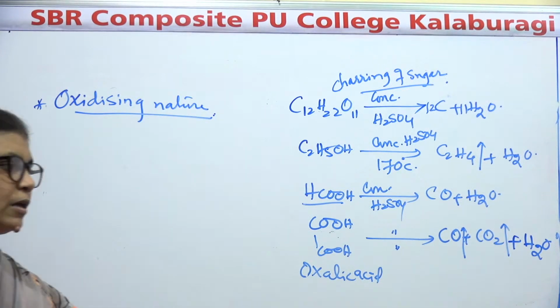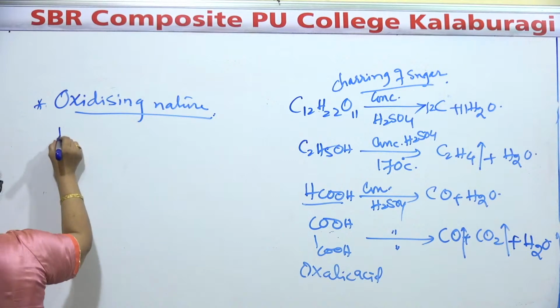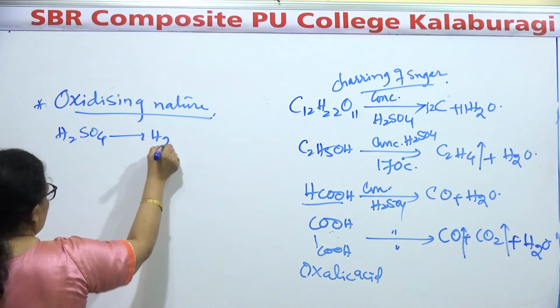What I said, sulfuric acid can act as a moderately strong, not weak, oxidizing agent, which can produce nascent oxygen. Because of that reason, it acts as an oxidizing agent.